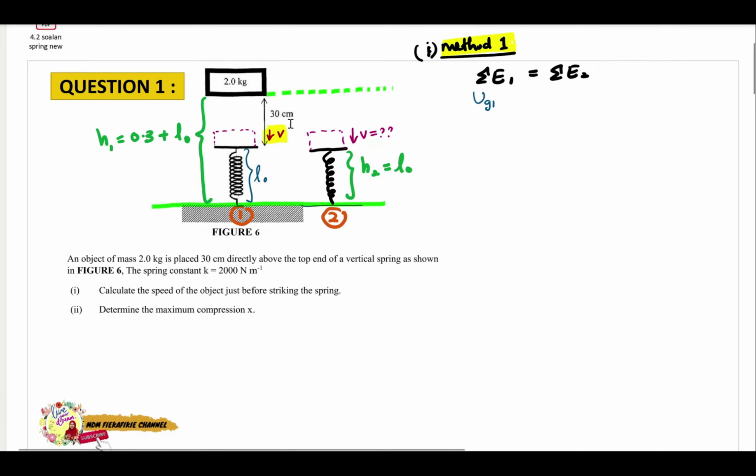UG1. So UG1 stand for gravitational potential energy in figure 1. Okay, so dia tak ada lagi apa-apa energy lain. So it's equal to, okay, look at here for the second diagram. So here the object is moving. So obviously the object has the kinetic energy in picture 2, in diagram 2.